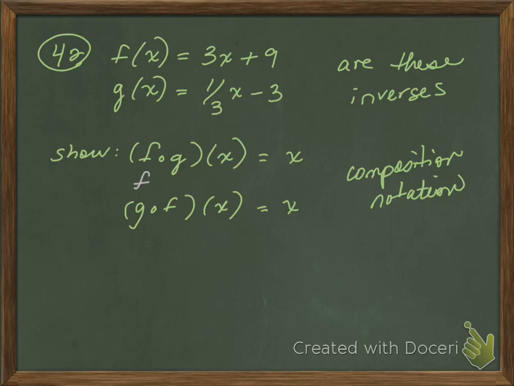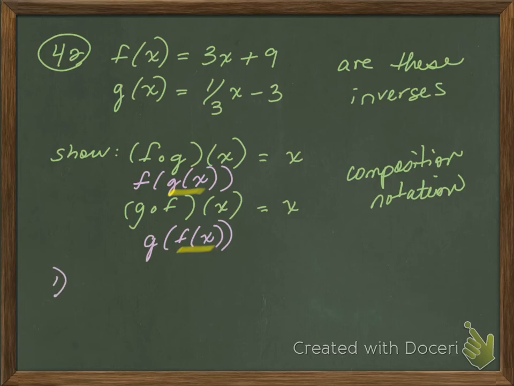So this f of g of x is the same thing as this, and g of f of x is here. So notice, first of all, you're placing your function g inside of f, and then in the second step, you're replacing x in your function g with f. So we have to show two things, all right? So let's do that.